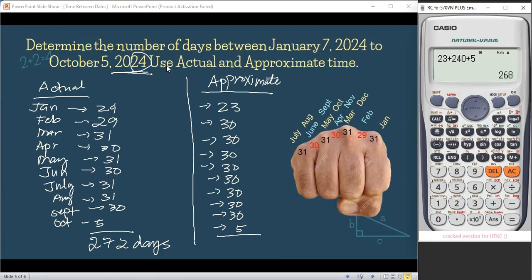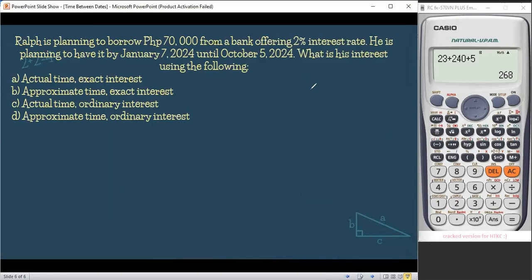So therefore, in approximate time, we have 268 days between January 7, 2024 to October 5, 2024. Now, remember that our actual is 272 and our approximate is 268. Now, going back to our problem, the actual time is 272 and the approximate is 268.